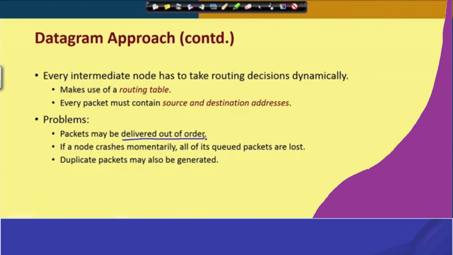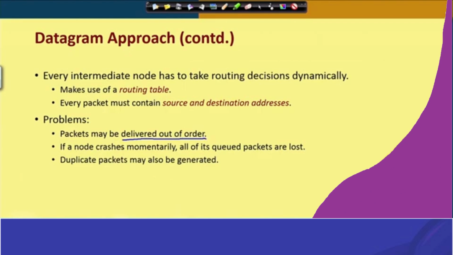Why? Because each packet is routed as an independent entity, and there is no guarantee that all packets follow the same path. Some packets may follow a shorter path, some a longer path, so the delays of each packet can be different, and the delivery can be out of order.